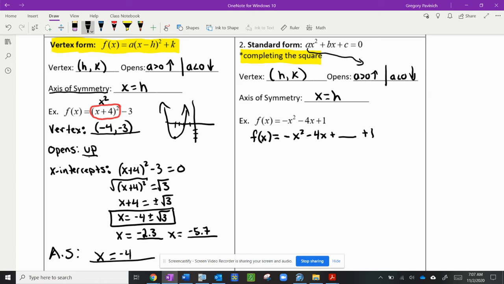Now, before I can complete the square, my squared term's coefficient is -1. That has to be a positive 1, no matter what. I have to factor out the coefficient of x squared if it's not already a positive 1, which it's not. It's a -1, so it's got to factor out. Okay, so that's my next step.